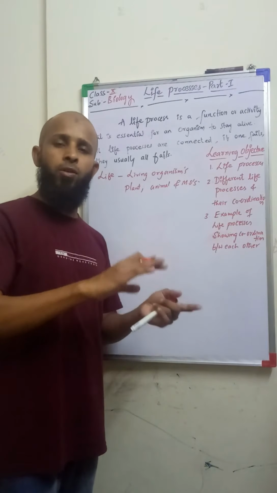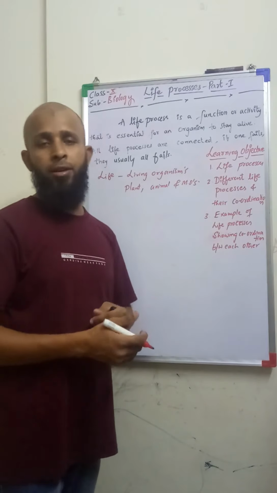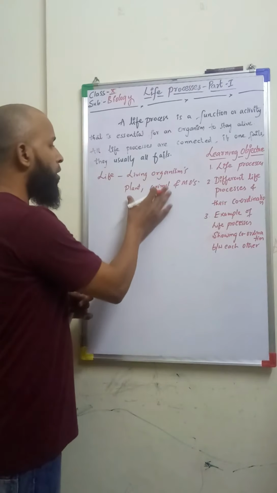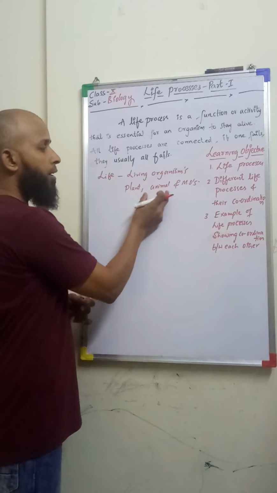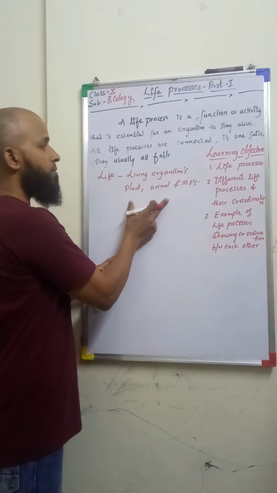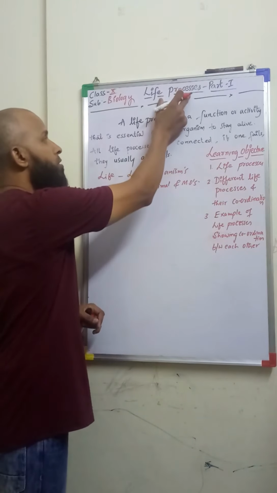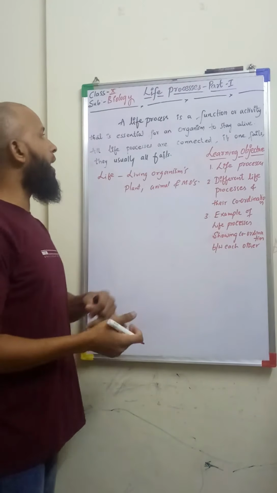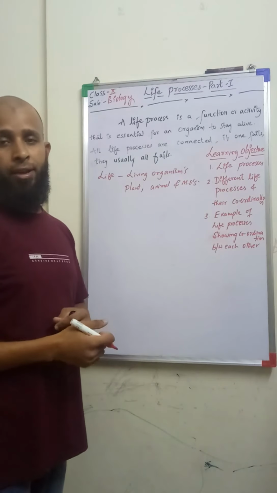To decide whether an object is living or non-living, we learned their characteristics in the previous classes, so I am not going into the detail. I want to explain the living organisms: plants, animals and microorganisms, and how they are connected with the life process. A life process is a function, an activity that is essential for an organism to stay alive.